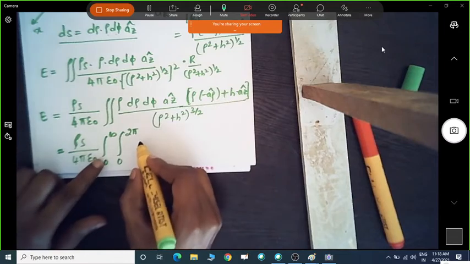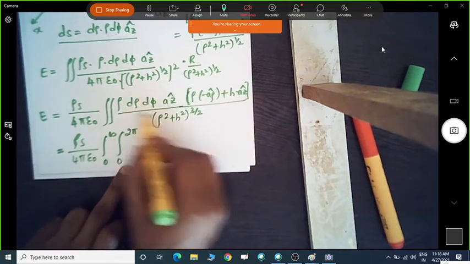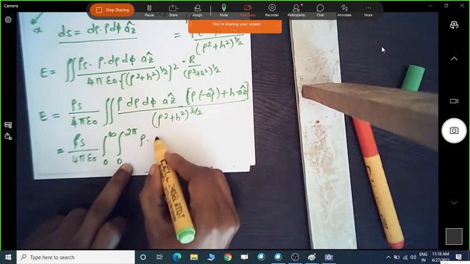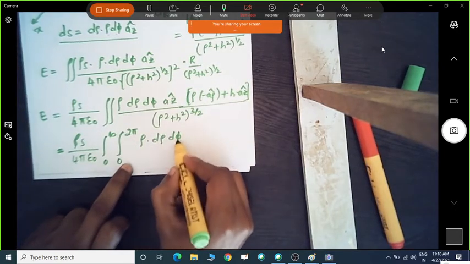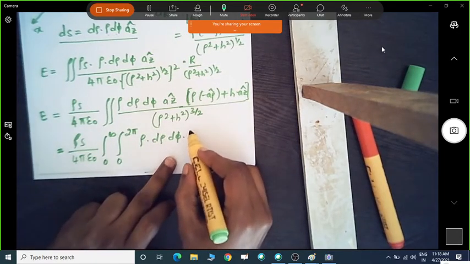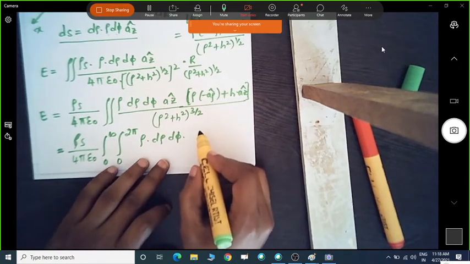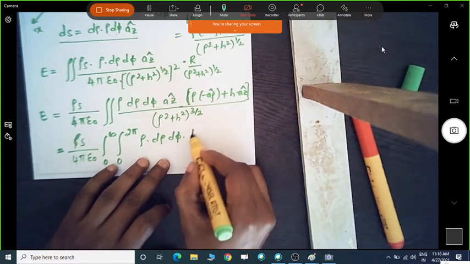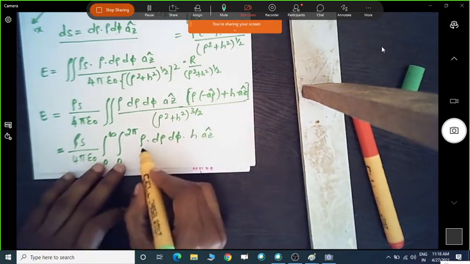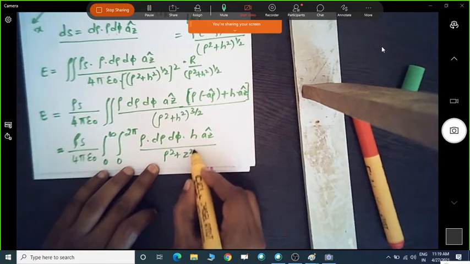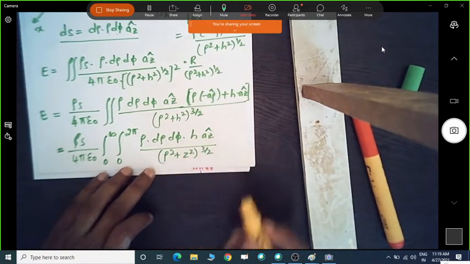So now after this rho component becomes 0, we have only rho d rho d phi into the z component, which is h into a_z, divided by rho square plus z square whole power 3 by 2.